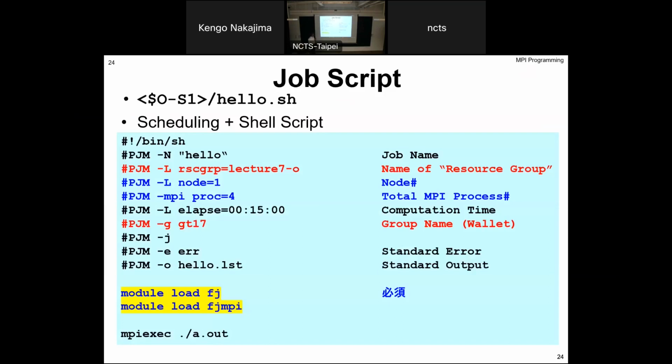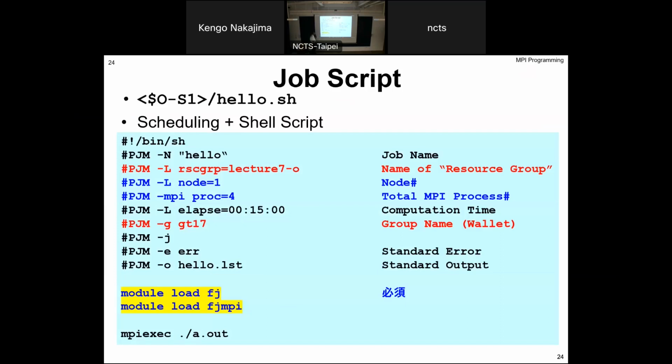We need to modify the files in your directory because we need to use up-to-date information. This one is the resource group, the name of the resource group which we can use.